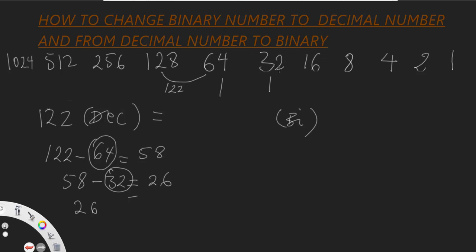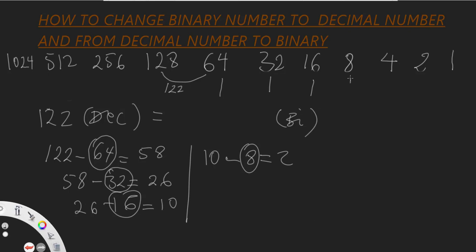Now we have a 26. After 32, 26 is between these two, eh? So it's greater than 16, so you minus 16 now. The answer will be 10. So for this 16, you put 1 there. Now, what remains is 10. 10 is between 16 and 8, so you minus 8, which is 2.